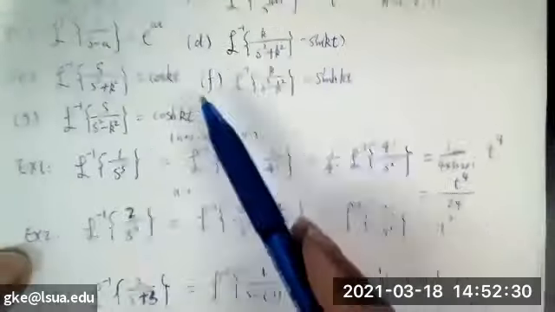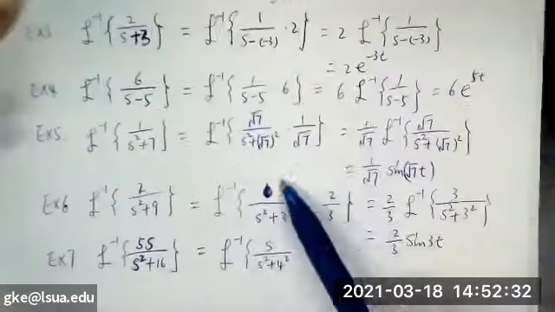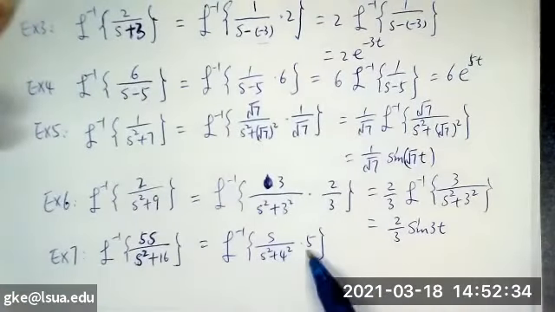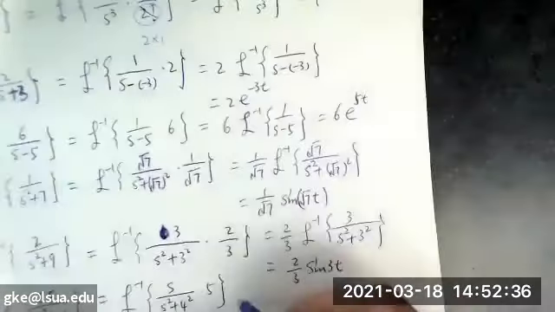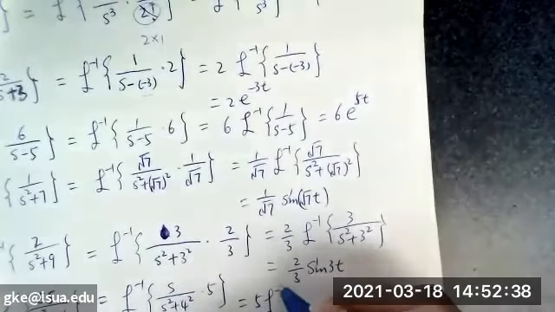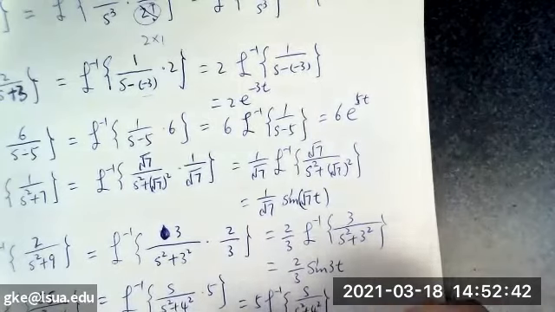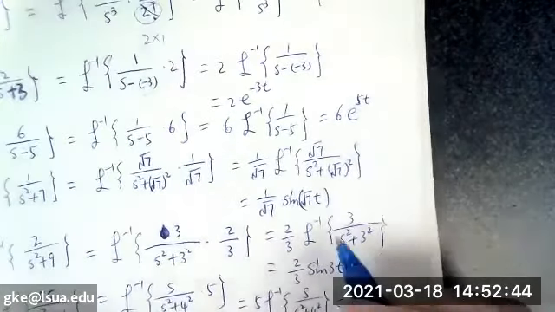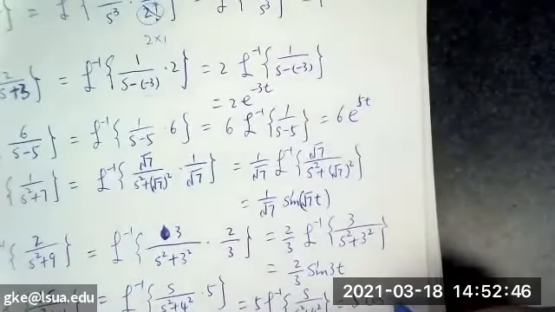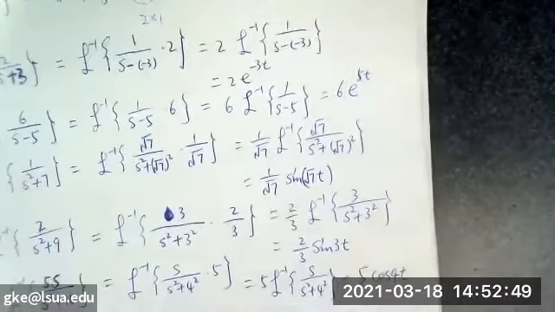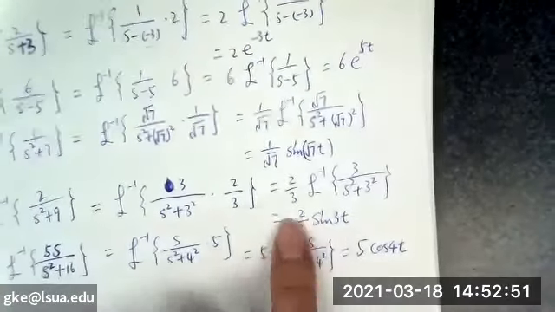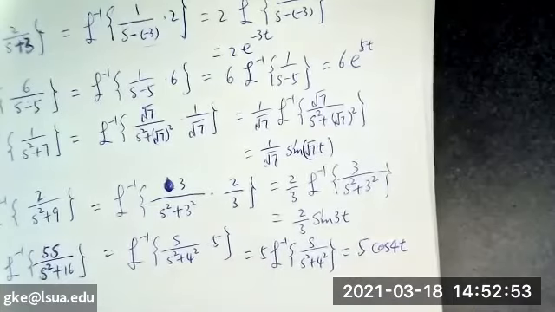We need to follow this formula, and the k is 4. So we can write it down like that: 5 times cosine kt, which is cosine 4t. That's it.